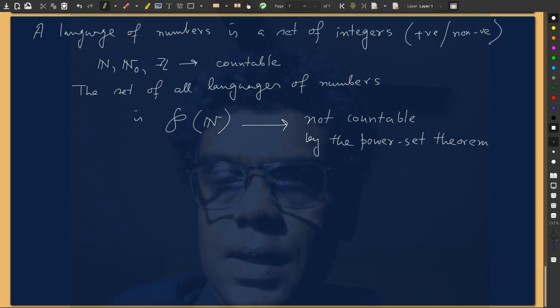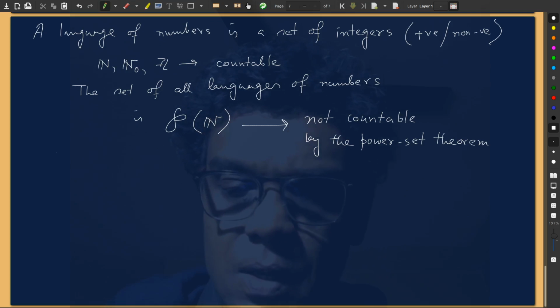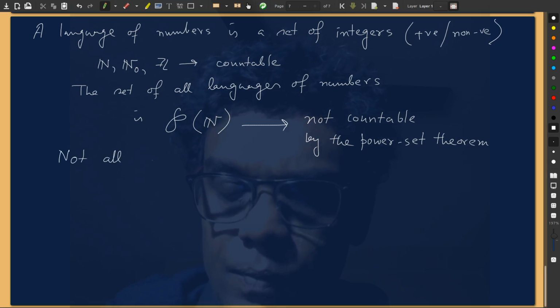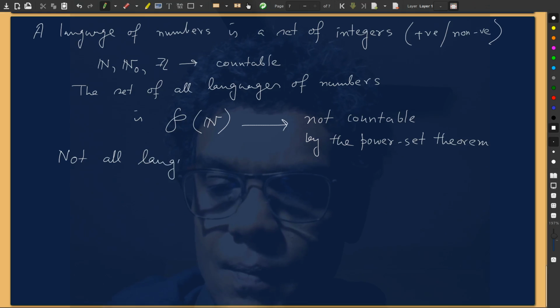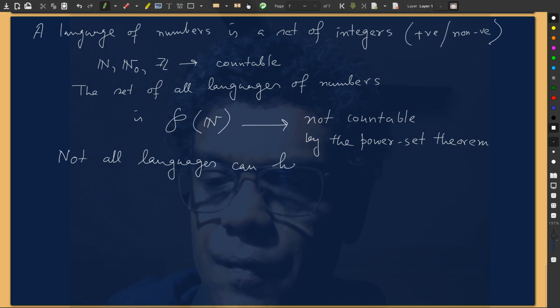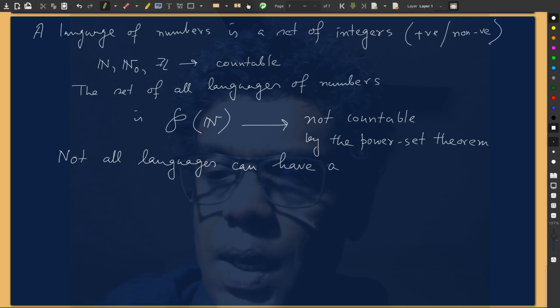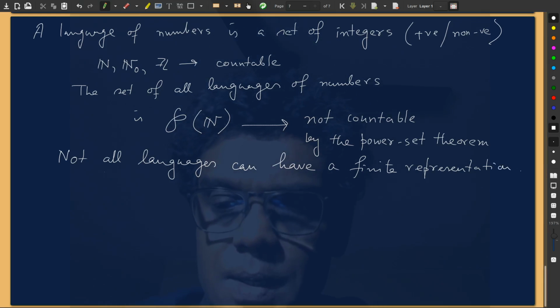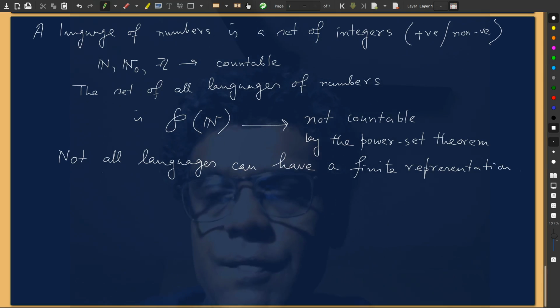And the immediate implication of this is that not all languages can have a finite representation. Okay. Some of these do have.